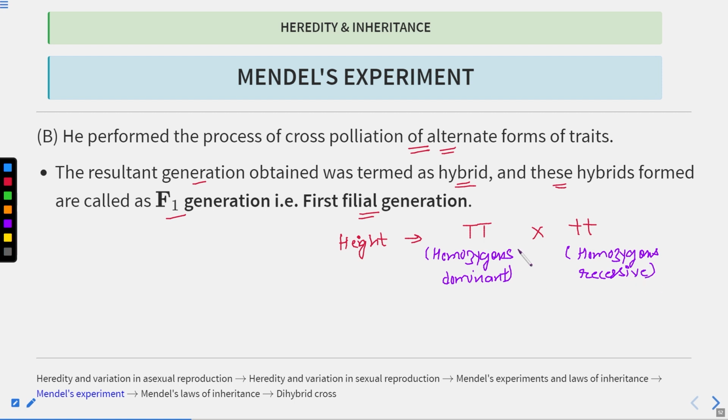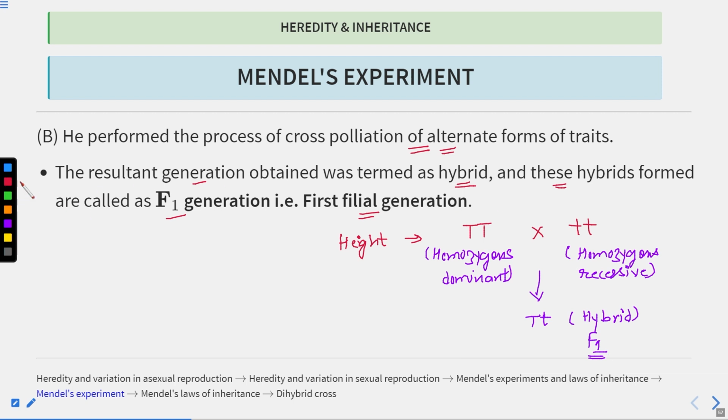And then the F1 produced here will be T and small t. This is the hybrid, or the F1, which is produced.